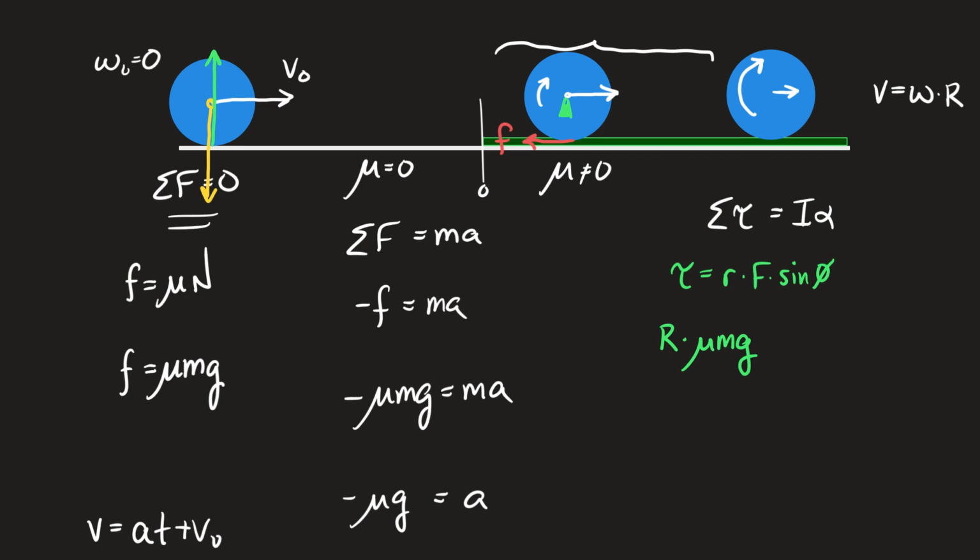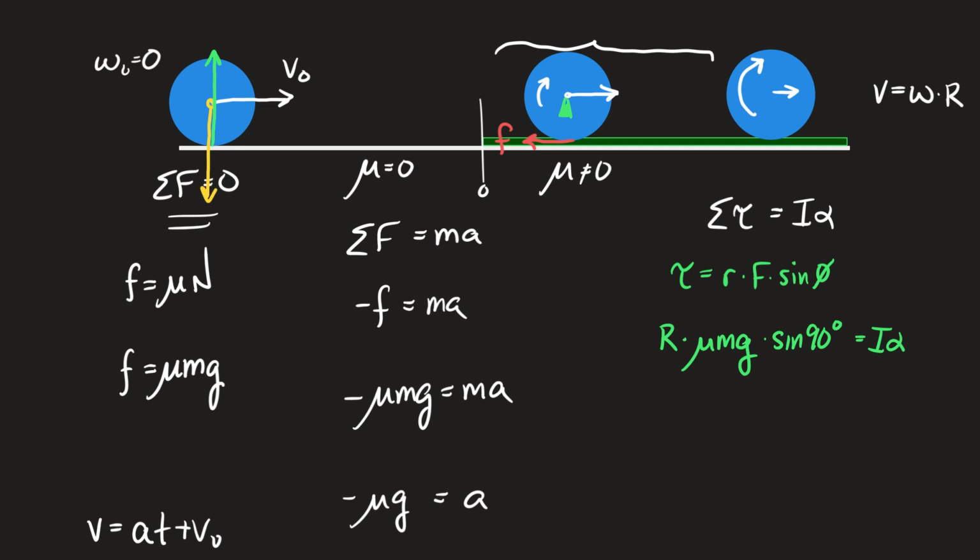It's mu mg times the sine of 90 degrees. I think we can pretty well see that the radius would strike the ground, but friction has to be perpendicular to the radius. So we all good with that? That has to be equal to I alpha.